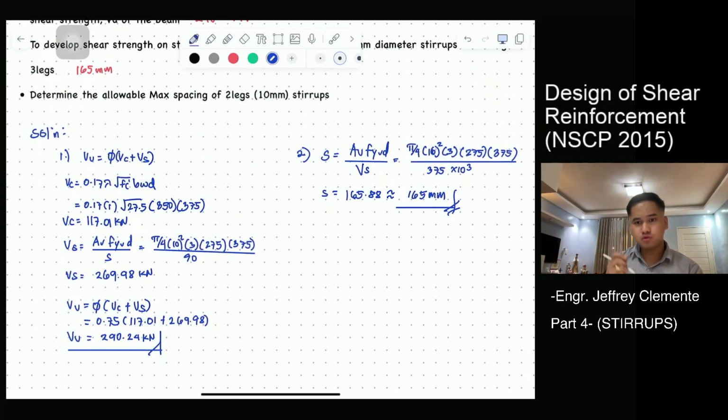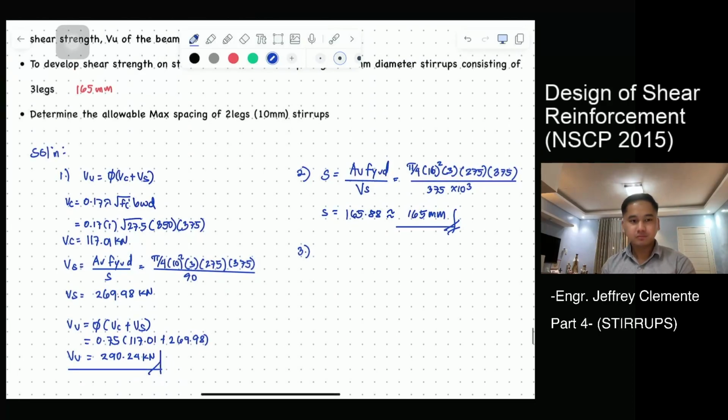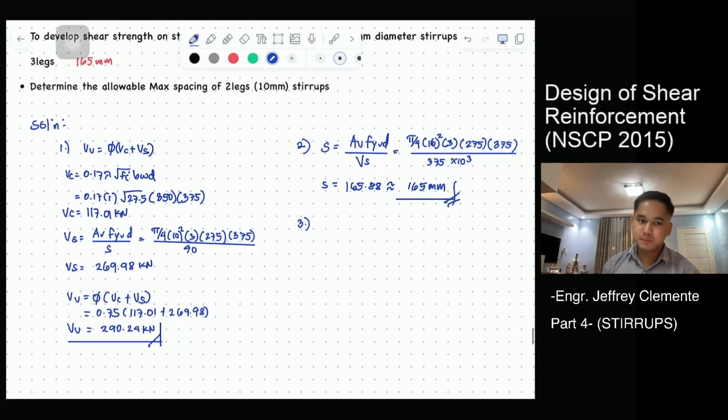Okay? So let's continue. Kung masyado matulin, post nyo lang. So, part 3. Determine the allowable maximum spacing of 2 legs, 10 mm stirrups. So, maximum spacing.